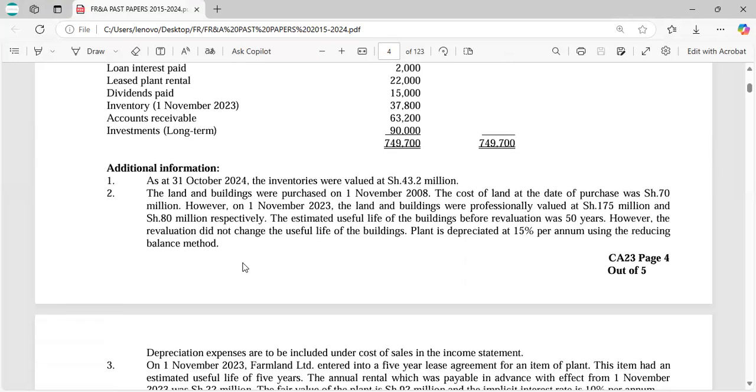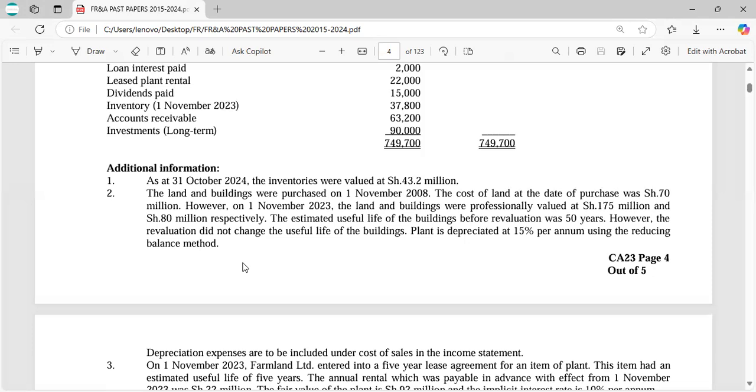Additional information number 1: as at 31st October 2024, the inventories were valued at 43.2. So this is the closing inventory. Number 2: the land and buildings were purchased on 1st November 2008. The cost of land at the date of purchase was 70 million.